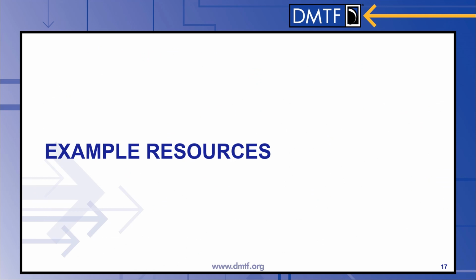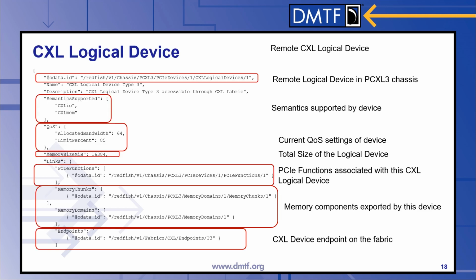Let's look at some example Redfish resources for CXL device. As a remote logical device, Redfish has the semantics supported by the device, the current QoS settings for the CXL device, the total size of the logical device, and pointers to the PCIe function, memory chunks, memory domains, and endpoints that are part of the CXL logical device.